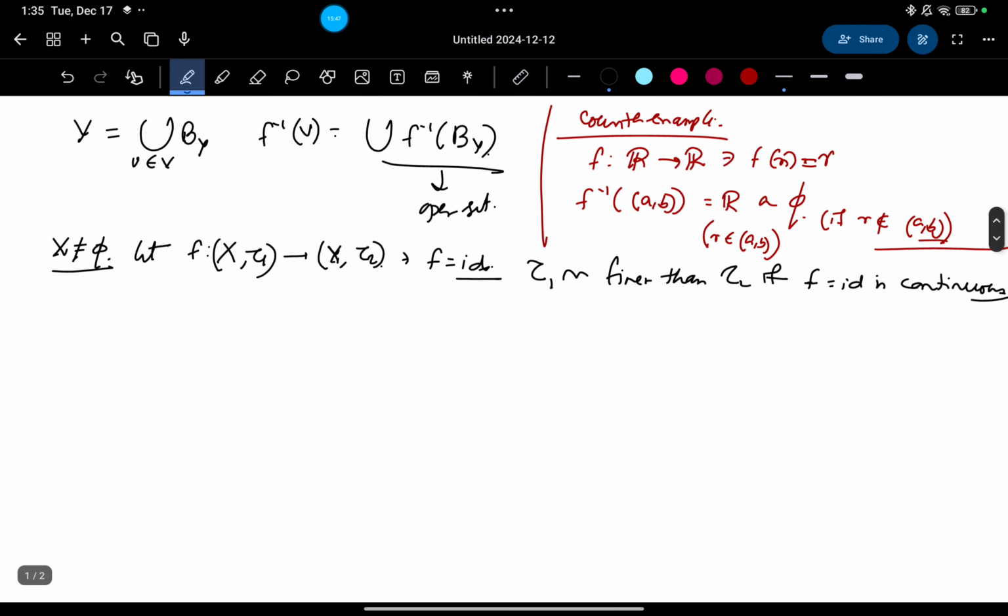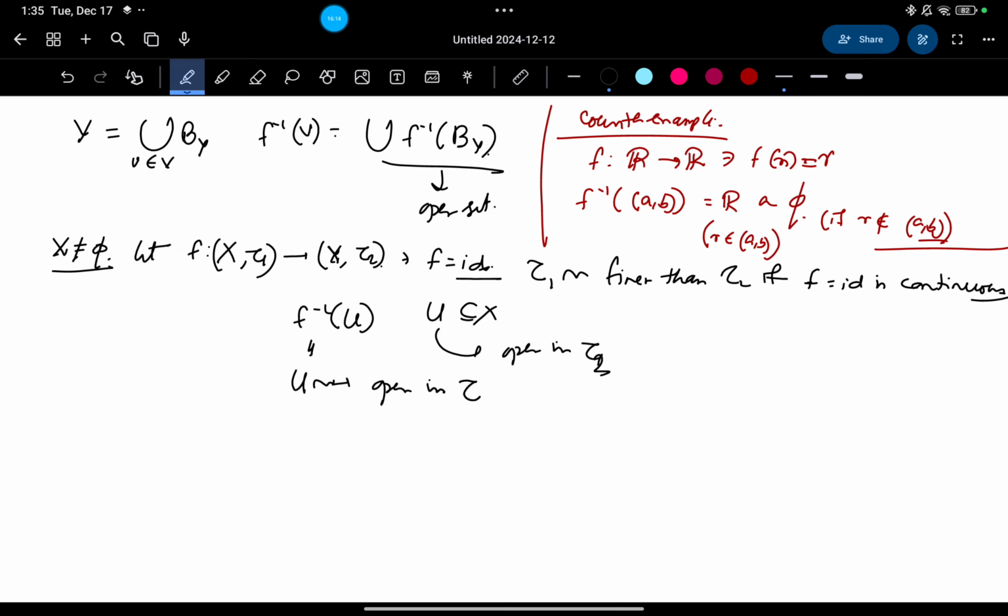So that means, because you see that if this function has to be continuous, then for any basic open set f inverse of U, where U is a subset of X and is open in tau 2, f inverse of U is itself U, so it is open in tau 1.